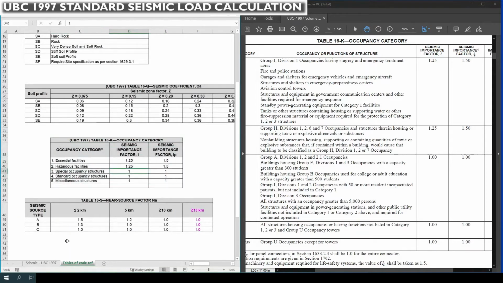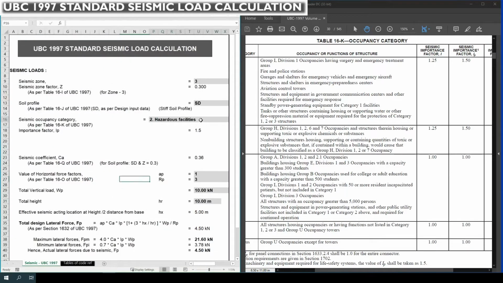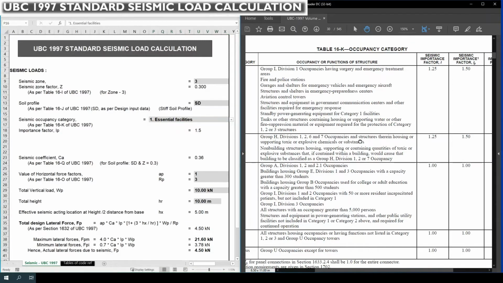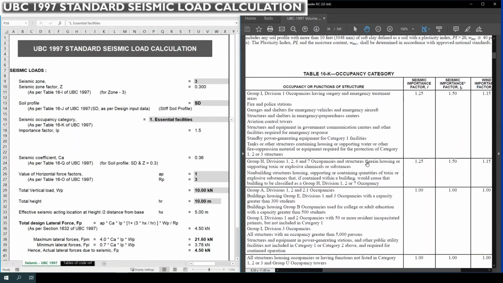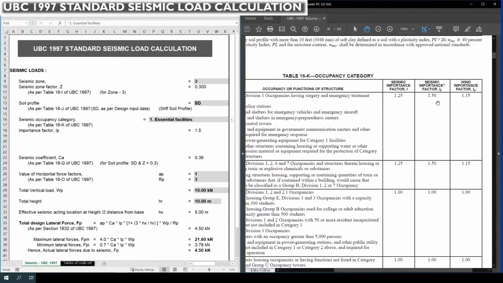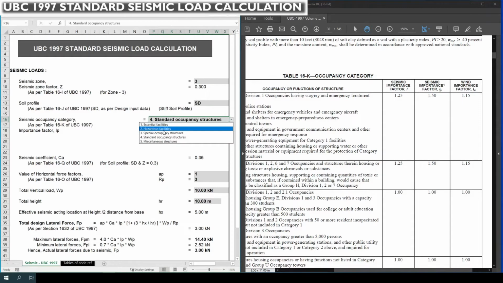So if for our calculation I select the essential facilities type of seismic occupancy category, then the importance factor IP is 1.5. So we can consider our occupancy category as hazardous facilities, the second category.